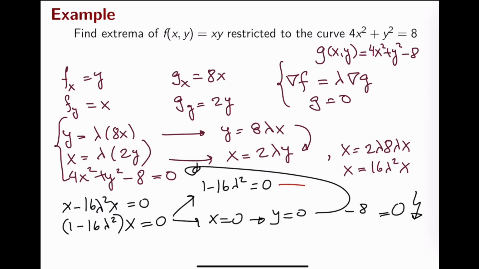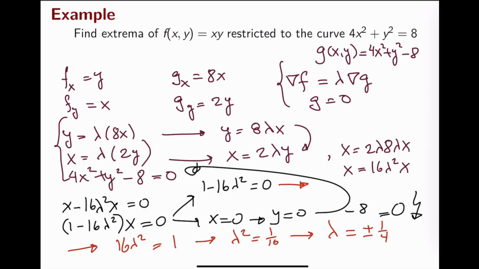We continue then only with the path that tells us that 16 lambda squared is equal to 1, and then lambda squared is 1 over 16, and then lambda is plus or minus 1/4.